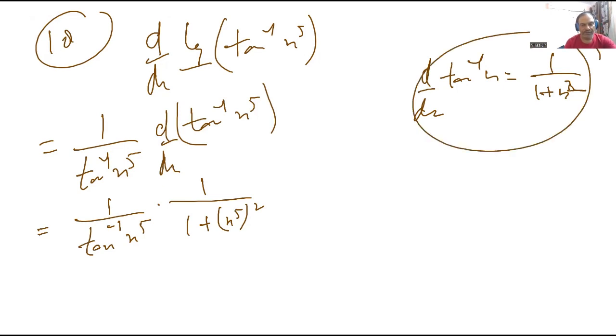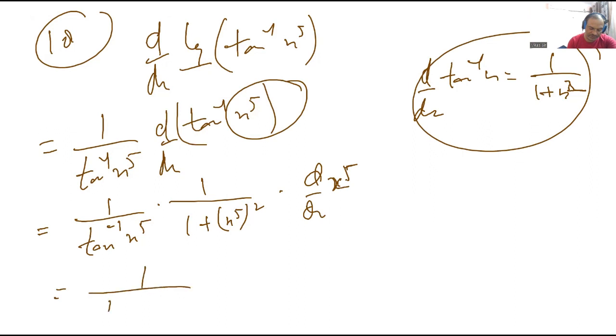Okay, now in the next part, you are having x raised to power 5. It means that you have to differentiate x power 5 now. This is d by dx of x raised to power 5. And on differentiation, what you will be having is 1 over tan inverse x power 5, times 1 over 1 plus x raised to power 10, and this is 5x raised to power 4.